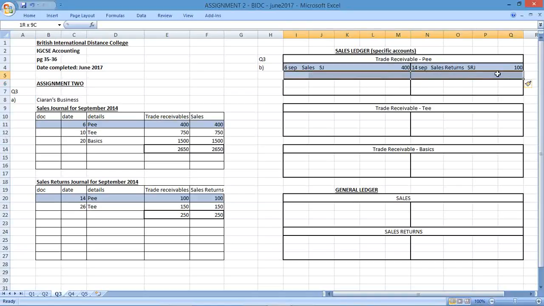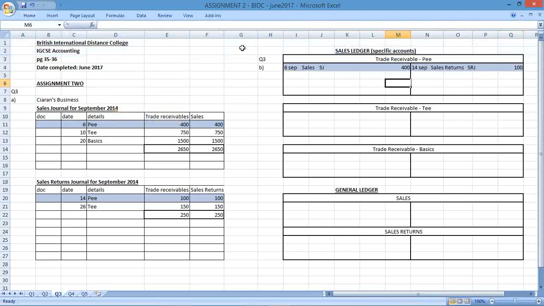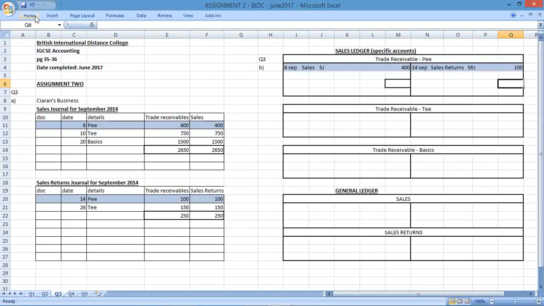I'm going to be looking at which side of the account is bigger. The account side that is bigger would then be the total that I'm going to want in the totals that I have over there. Right, so the balance will be 400 minus 100, which is 300.